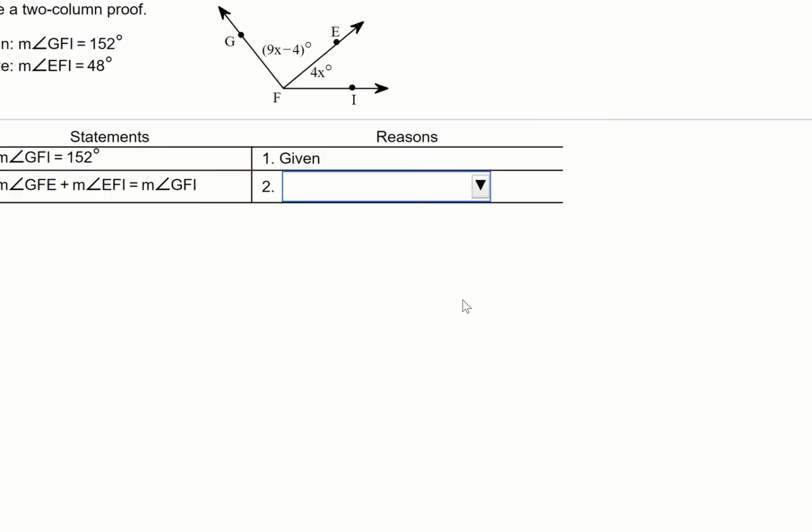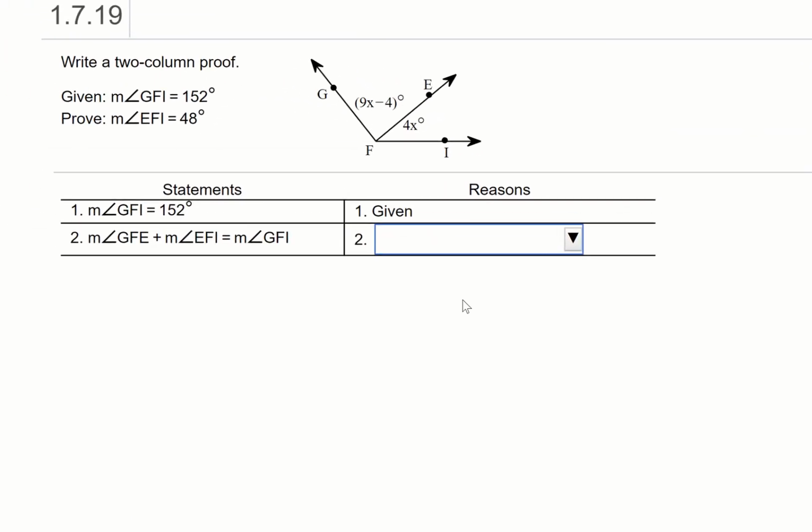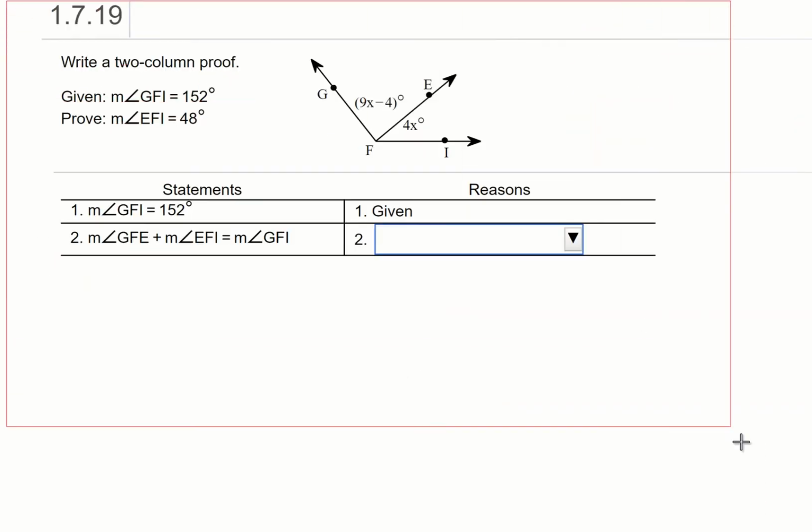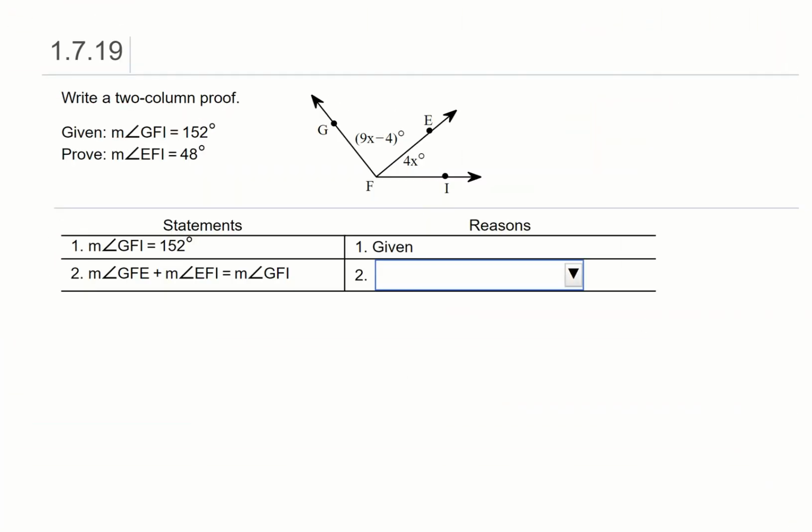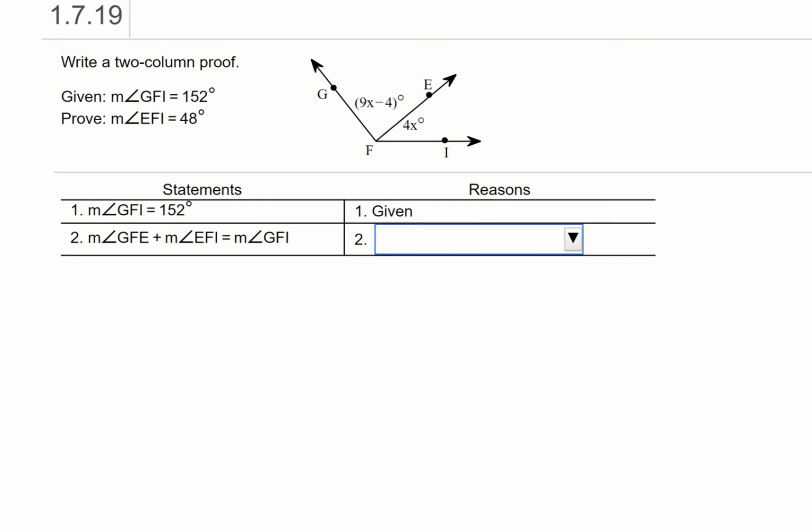Okay, so we want to write a two-column proof for this. So let me do the snip tool. There you go. Okay, so it says GFI is 152 and EFI is 48.